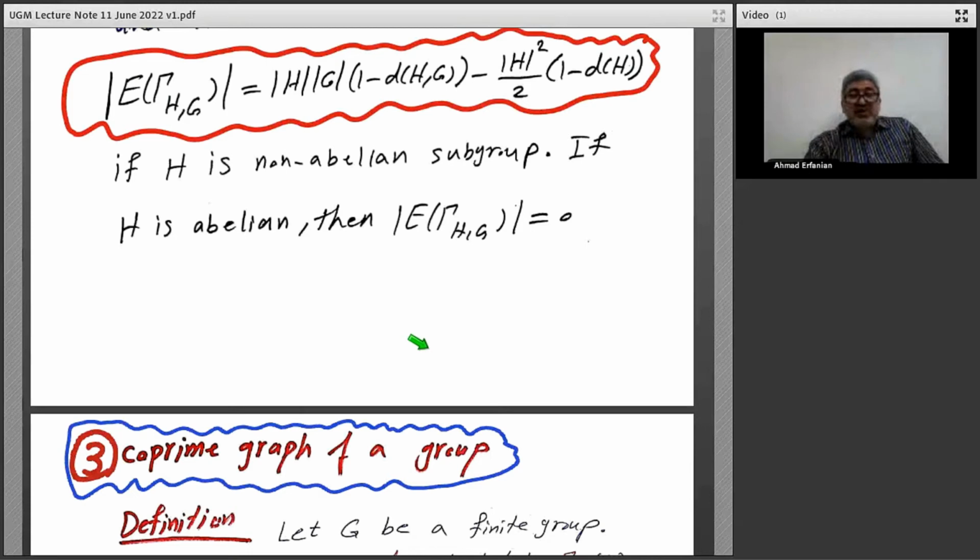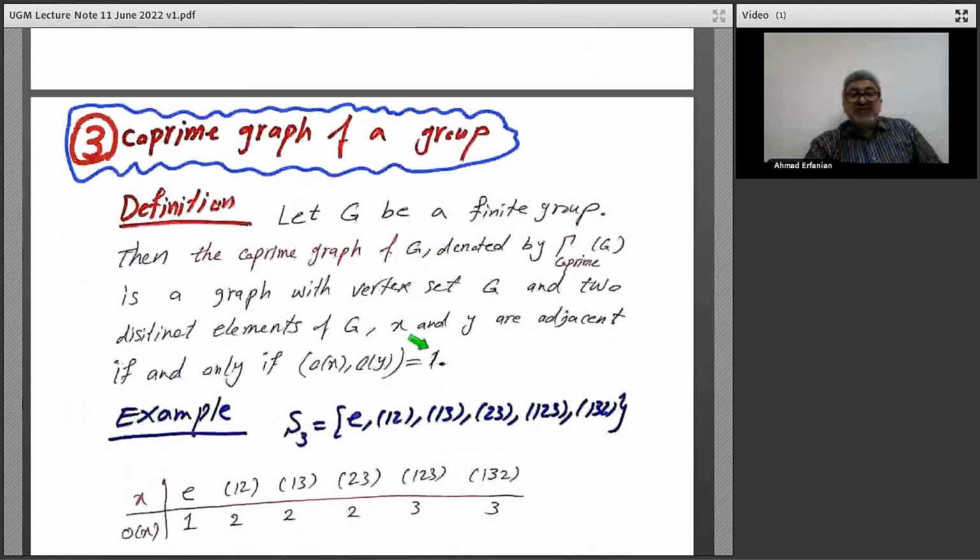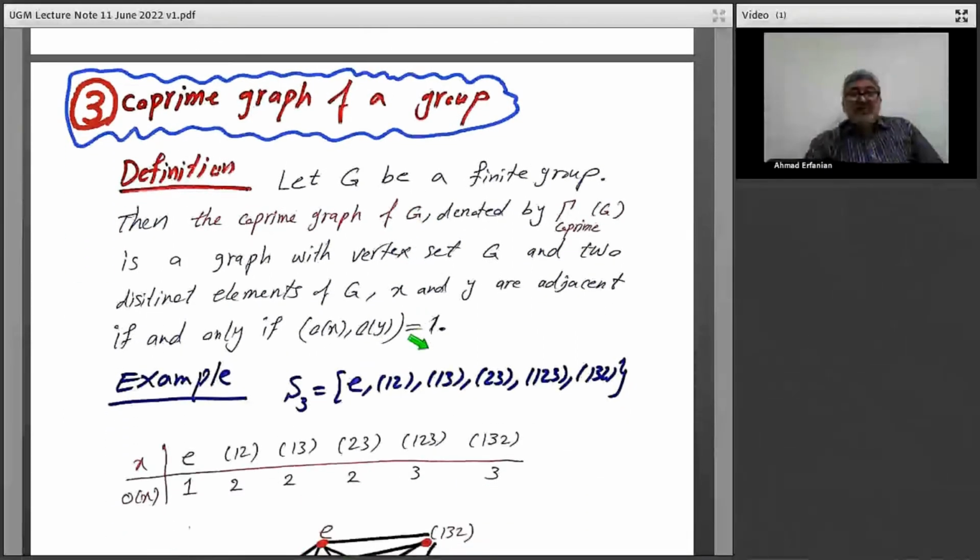So the first graph which I introduced is the commuting and non-commuting graph, and the second one is the relative non-commuting graph. Now I'm going to define the third algebraic graph related to a group, which is the co-prime graph.